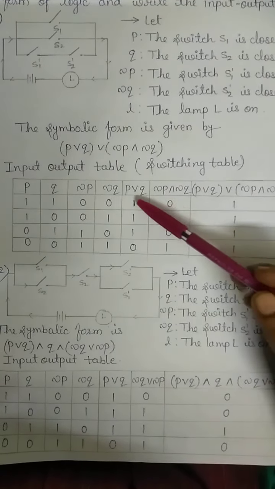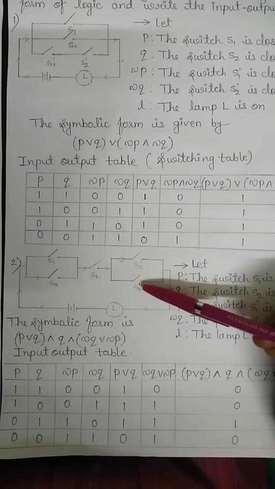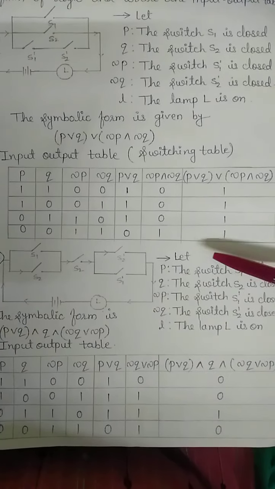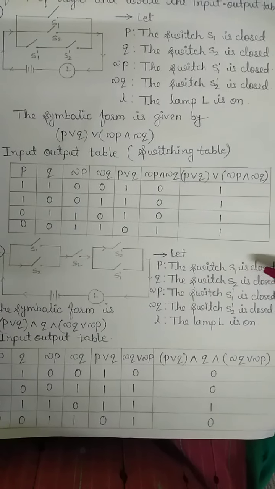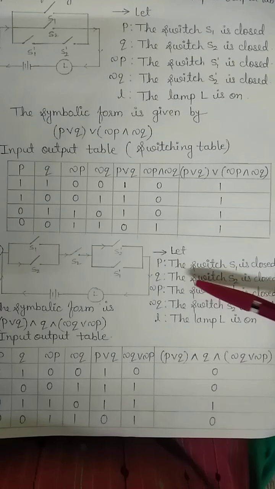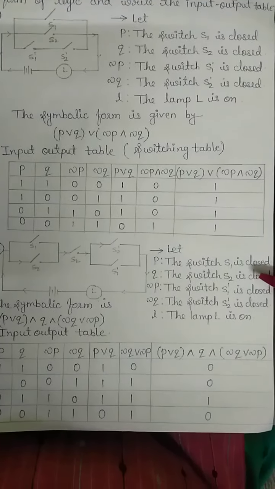Now considering one more question, this circuit is given. Here we have S1, S2, S2, then S2 dash and S1 dash. So first we will write this part as P, the switch S1 is closed, Q, the switch S2 is closed, then negation of P, the switch S1 dash is closed, negation of Q, the switch S2 dash is closed, and L, the lamp is on.